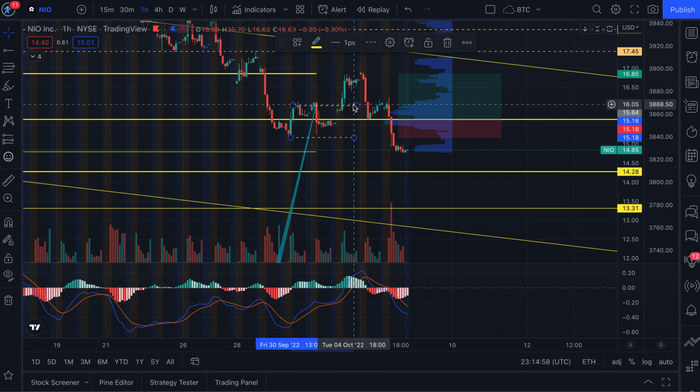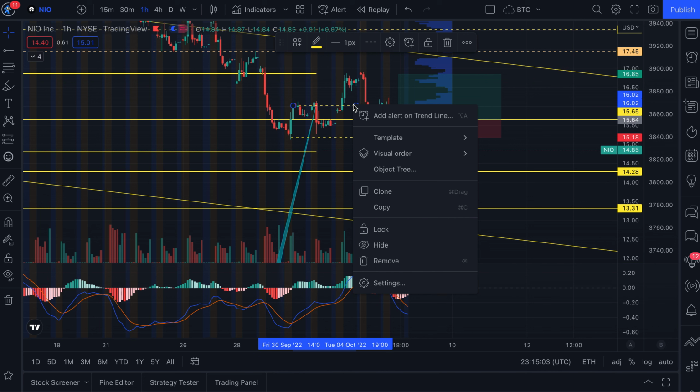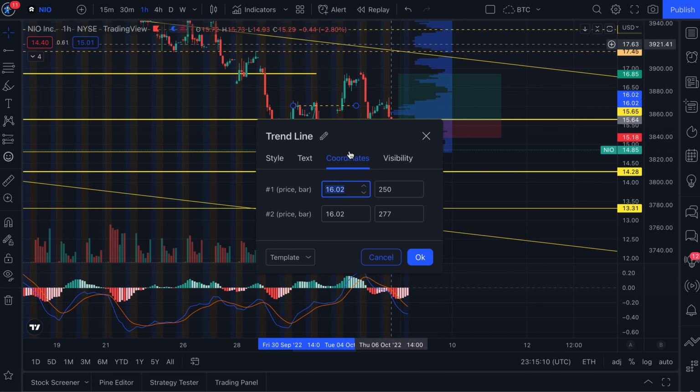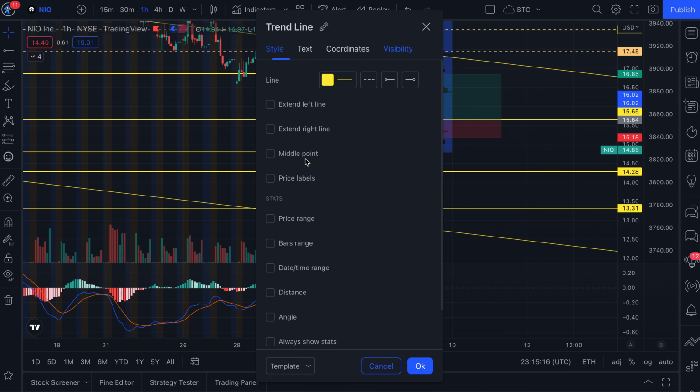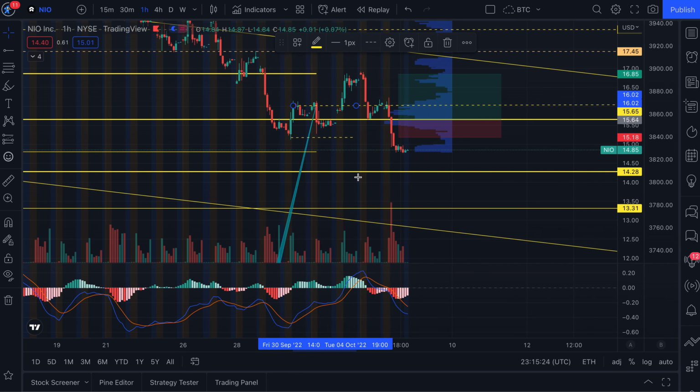Okay, I believe I can actually right extend this without having to do all that. Maybe not. I thought there was a way to extend this to the right without having to draw it, yeah, here we go. Extend right line, here we go. There. That way I don't have to level the line and mess with it.